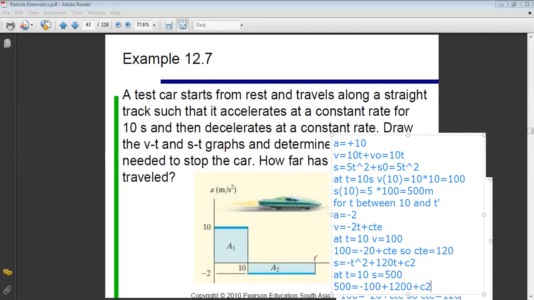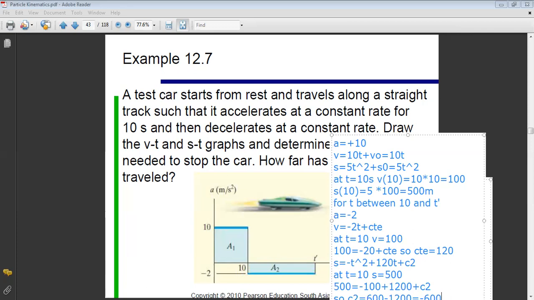So now I can deduce that C2 is equal to 600 minus 1200, so it's equal to minus 600. Okay, minus 600. So now once I got the equations, I can draw the graphs.